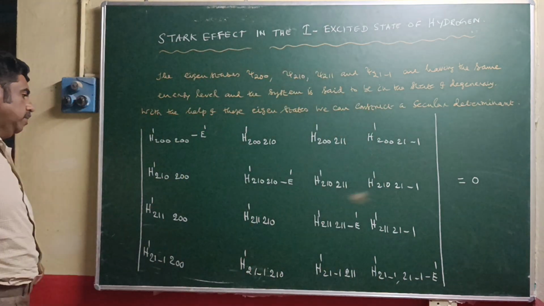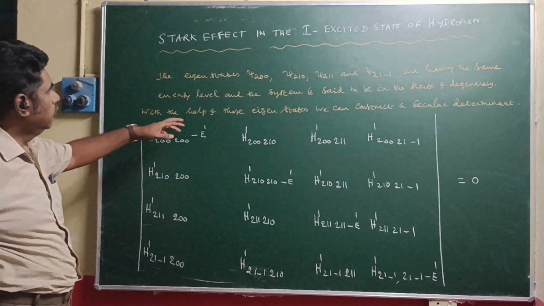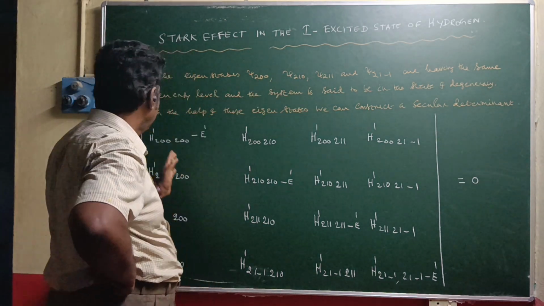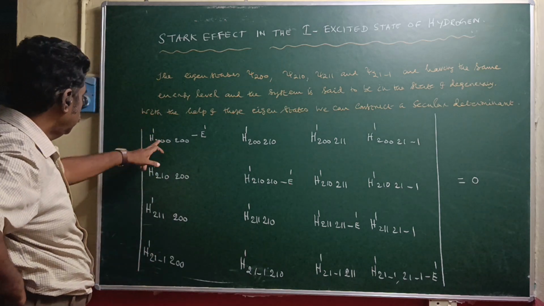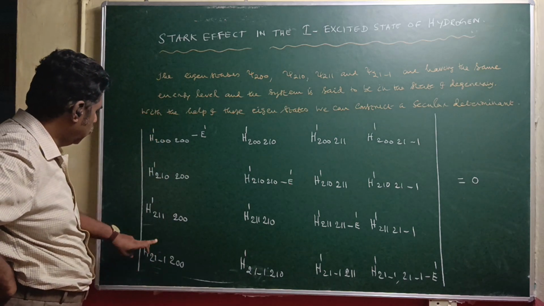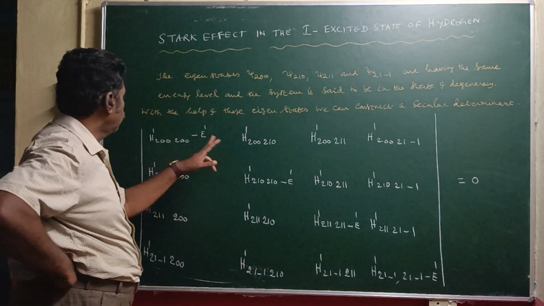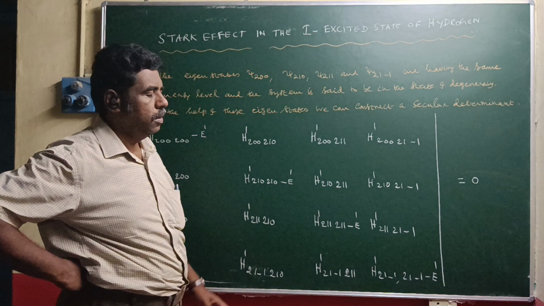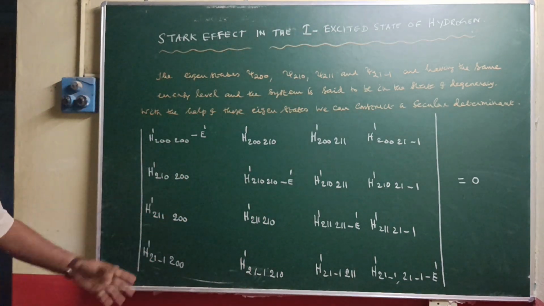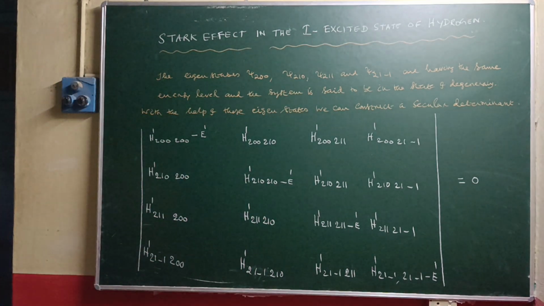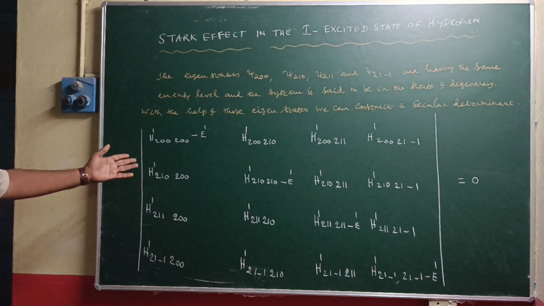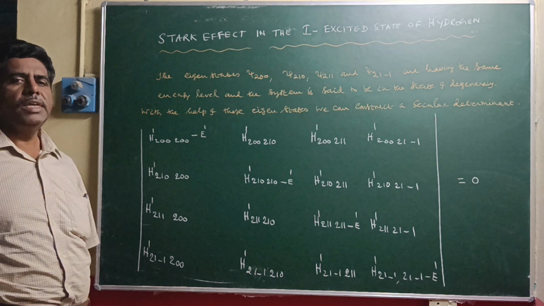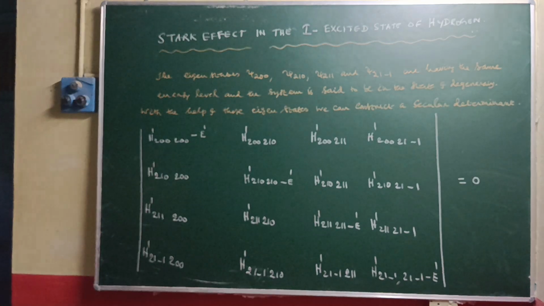So this is a secular determinant. I have written the eigenstates 2 0 0, 2 1 0, 2 1 1, 2 1 minus 1 in terms of columns, and the same in terms of rows. Simply, we can construct the secular determinant. In the secular determinant, the elements with even parity vanish.